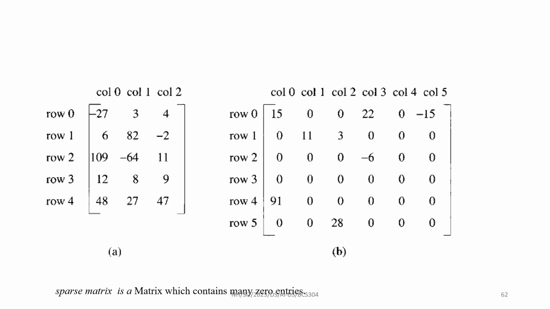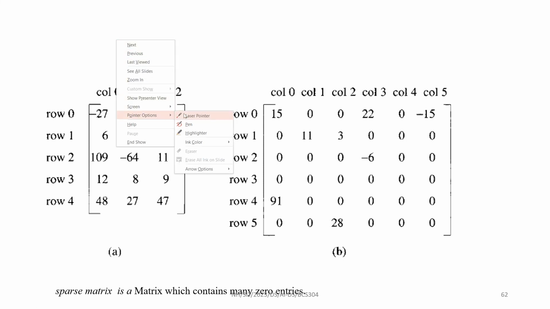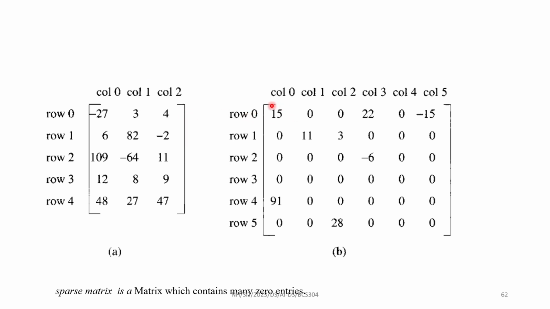What are those three pieces of information? One is where the data is, the row information and the column information, and the other is what the data is. So in the triplet form, for this 15 we get 0 0 15. Why 0? Because it is in row number 0. Why is the second 0?